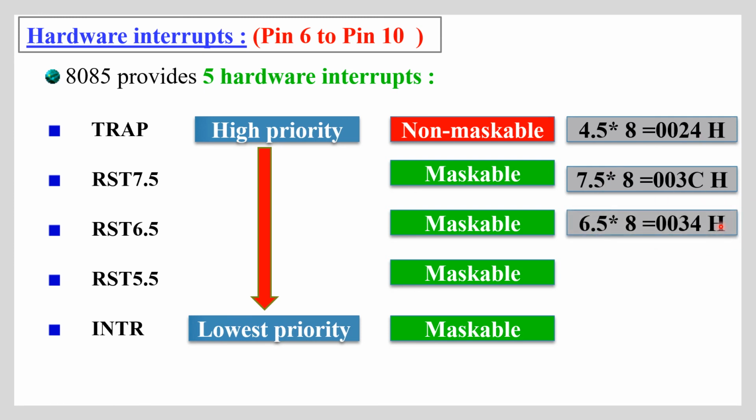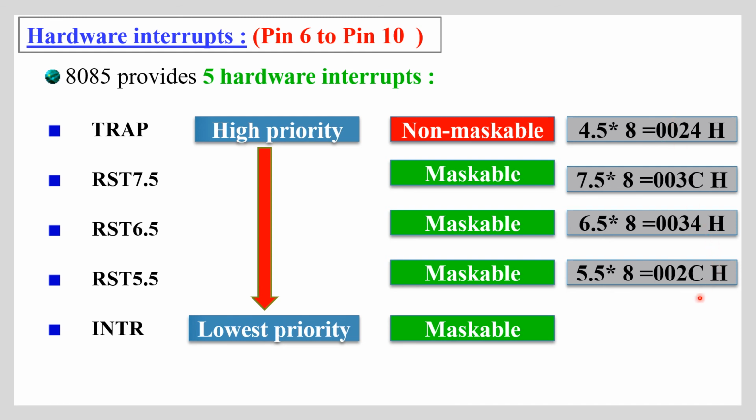Now the vector location for 6.5: 6.5 into 8, that is 0034H. And the last one, 5.5: 5.5 into 8, so 002CH, that goes to the interrupt location 002CH. These are the vector addresses for the interrupts.